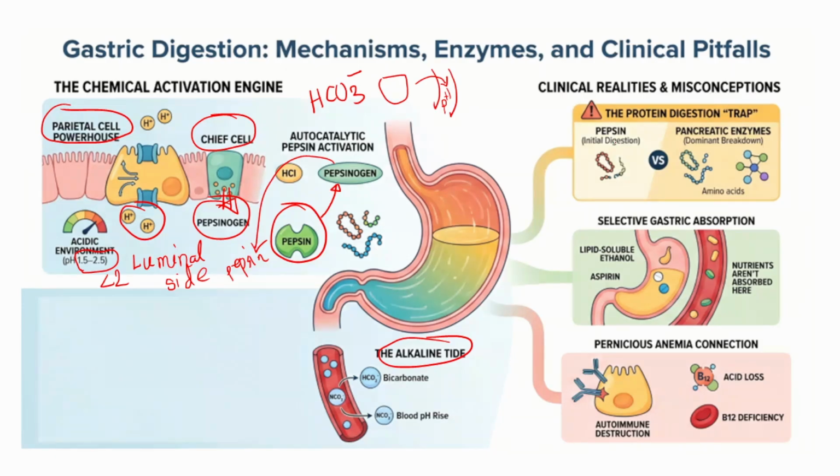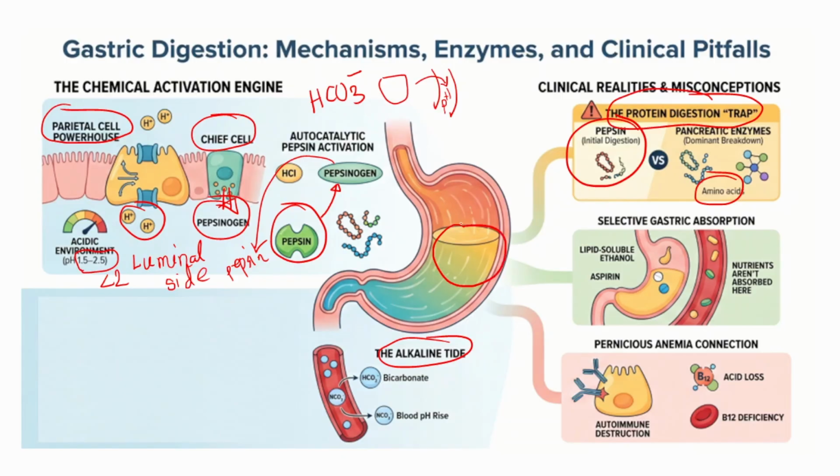And based on that information, we map out the clinical realities and misconceptions surrounding the protein digestion trap. While many believe the stomach is the primary site of protein breakdown, pepsin only handles the initial digestion. We contrast this with the pancreatic enzymes, such as trypsin or chymotrypsin, which perform the dominant breakdown in the small intestine to finally yield free amino acids.